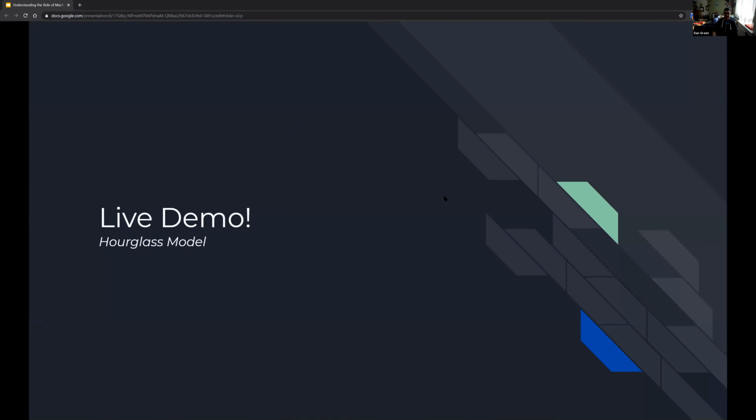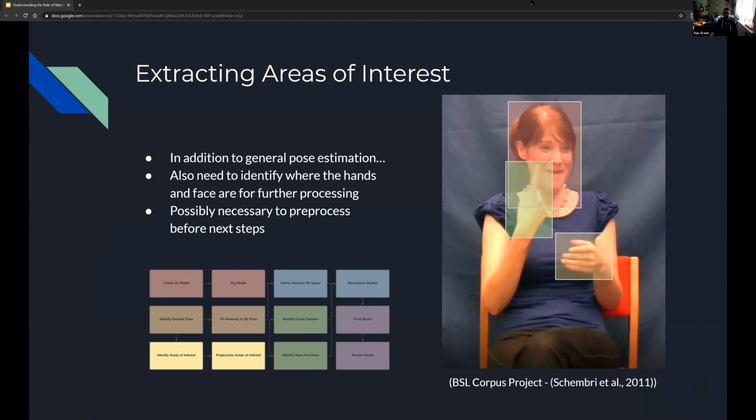But you can see that we're tracking the shoulders, the wrists, the elbow, and the head and the neck. So we have a rough idea of where this person's joints are. And we can then use that in the rest of the application. So I'm just going to pause that and come back to my presentation. Please do give me a shout if there are any questions.